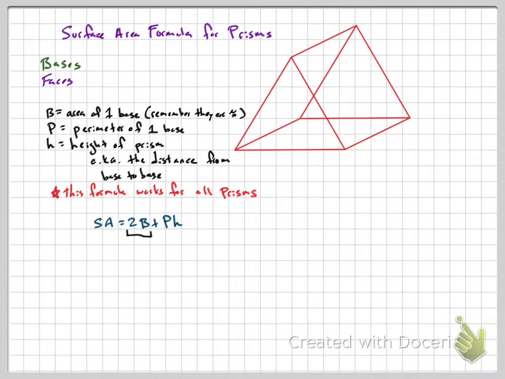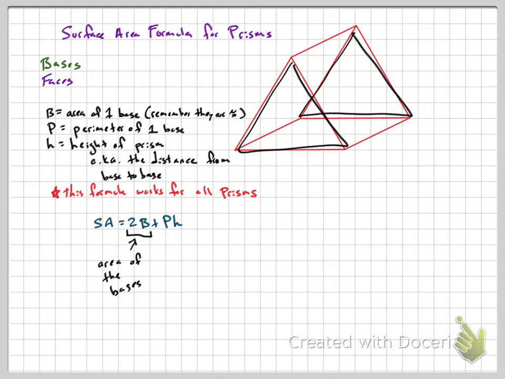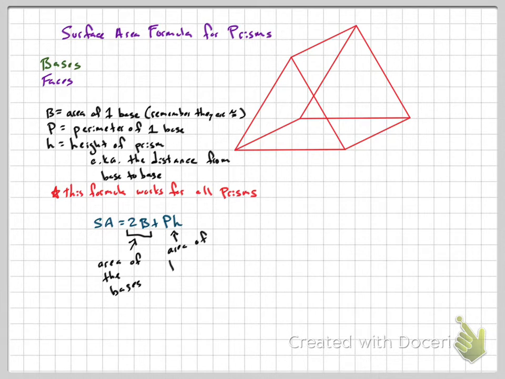This part right here, 2B, is the area of the bases. It'd be the area of this triangle, and whatever I get there, I multiply by 2 because the back triangle is the exact same size. The second part of our formula is the area of the lateral faces.